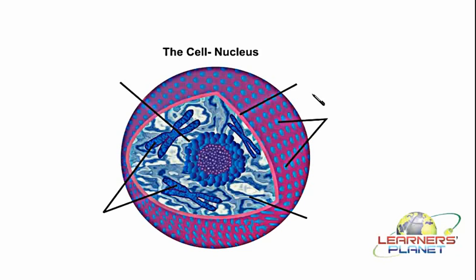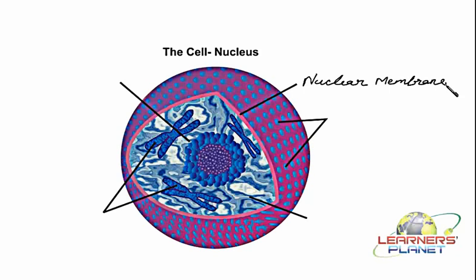Now with respect to a particular organelle, the name might be different. So in the case of this nucleus, this particular membrane is known as the nuclear membrane. So you can simply label this here as nuclear membrane.